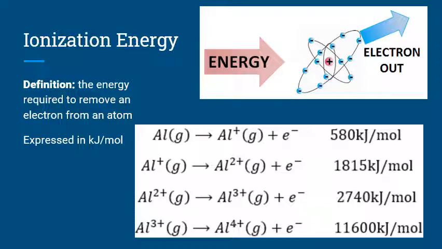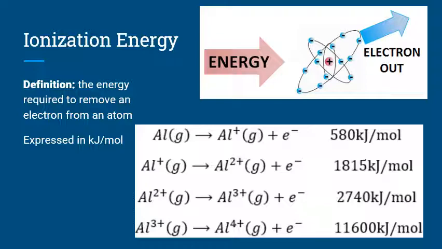We express this in kilojoules per mole. Mole is a unit of measure telling us a certain number of particles, 6.02 times 10 to the 23rd. So a very large number of molecules. But the one thing to notice on this chart here is that the amount of energy required to take off the first electron versus the second or third or even fourth electron could be very different.